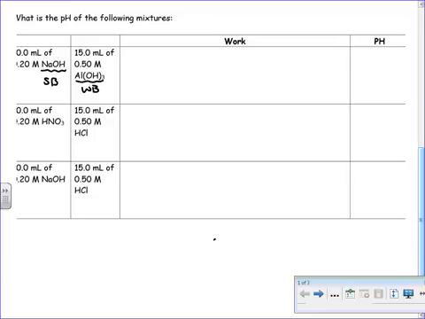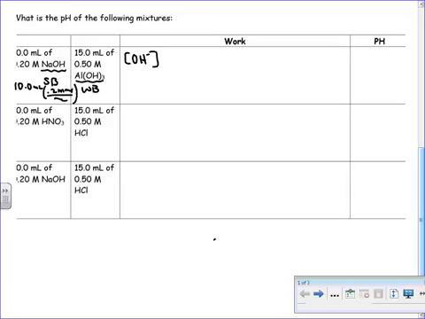So knowing that the strong is the major contributor of hydroxide or hydronium, in this case hydroxide, we'll get moles of hydroxide from the strong only. And we'll do that by multiplying the volume by the concentration. So 10 milliliters times 0.2, I'm going to go millimoles, why not, per milliliter.